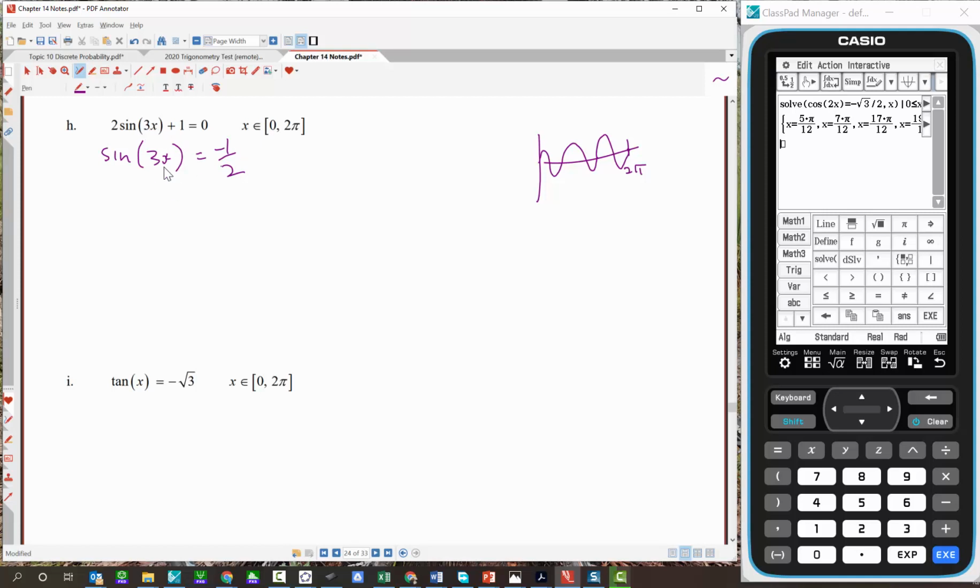All right, let's get started on this one here. So we'll grab our base angle. When is sine a half? That's going to be 30, or pi on 6. Now what we're after is -1/2. So if that's our base angle there at pi on 6, it's going to happen over here at 5 pi on 6.